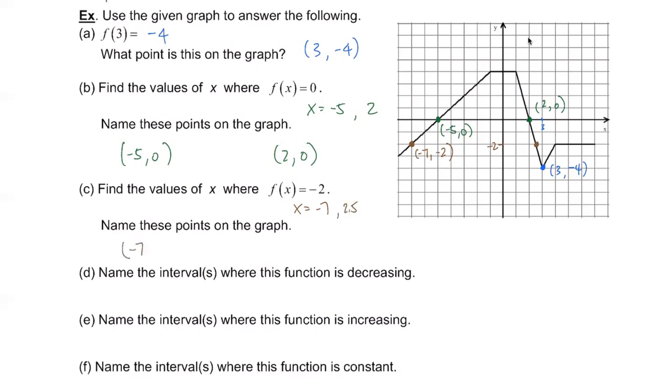So we have -7, -2, and 2.5, -2, and then we have this line segment right here from 4 to 7. It's kind of interesting. I'm just going to say 4 to 7 because it includes every single value in between 4 and 7.